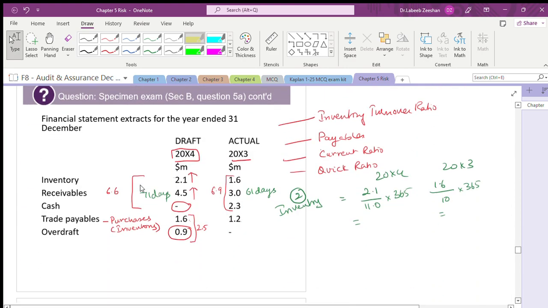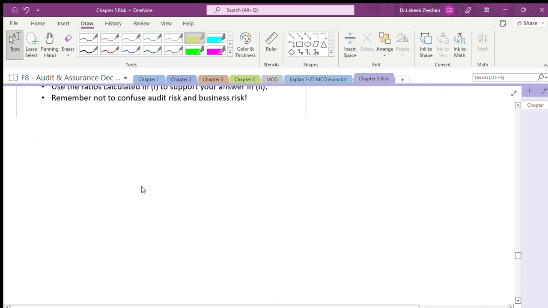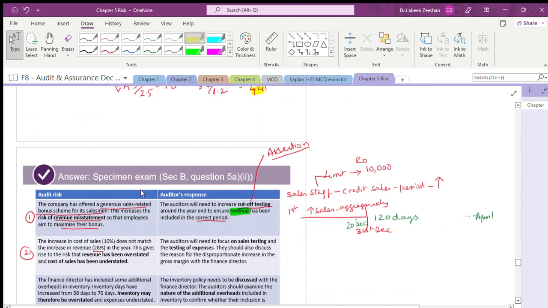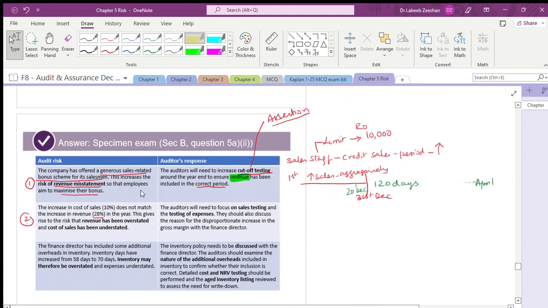If it is not increasing proportionately, then there is a possibility of an audit risk. The cost of sales has increased 10%, which does not match the revenue increase of 28%.